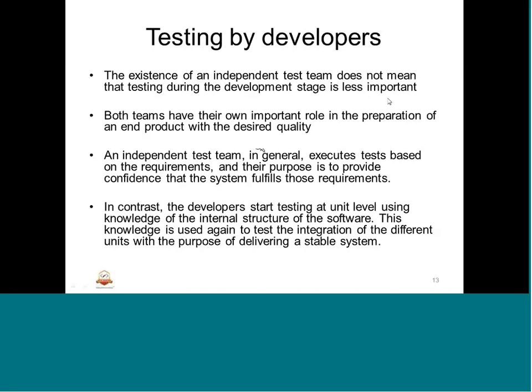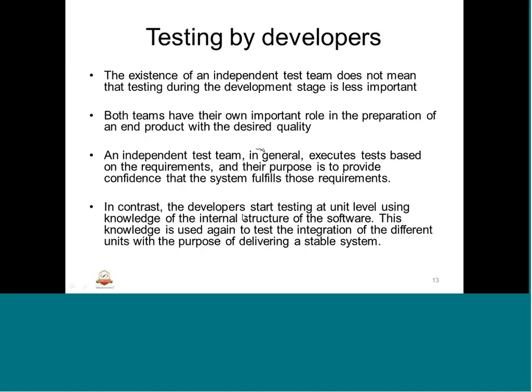The end product should have high quality; that is the desired goal. Independent testing in general executes tests based on the requirements, and its purpose is to provide confidence that the system fulfills those requirements. They go by what you have specified, what the product is supposed to do, and what you have documented in the requirements. They just go by that.